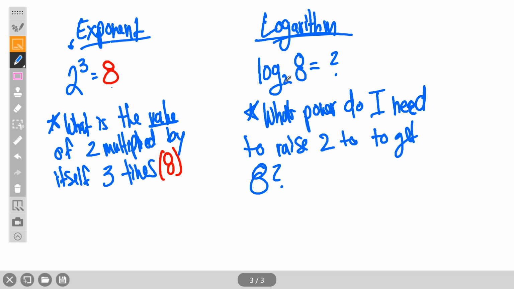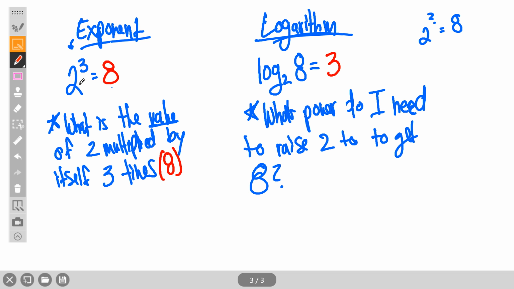Or what exponent do I put on 2 to get 8? So it's asking this information in a little bit different way. It's asking, what power must I put on a 2 to get 8? And we know from the previous example that that's 3. So the value of log base 2 of 8 is 3, because 2 raised to the third power is 8.